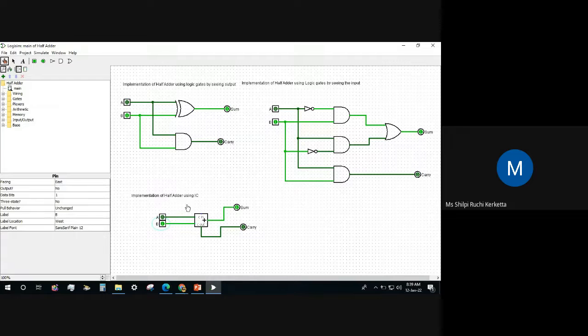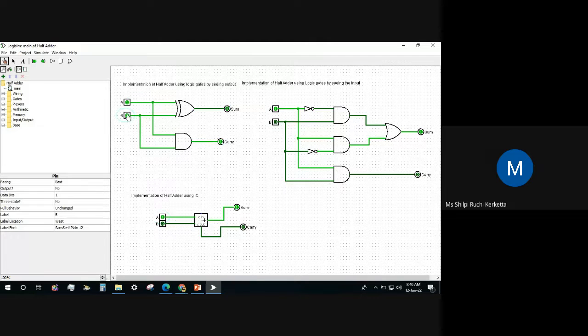So this is an IC. Inside this IC, this type of circuit will be put. So this big circuit will become one very small IC. Here we are using two ICs, one for XOR and one for AND. If we use a single IC, the space will become very small. So for 1, 0, the sum is 1 and the carry is 0.